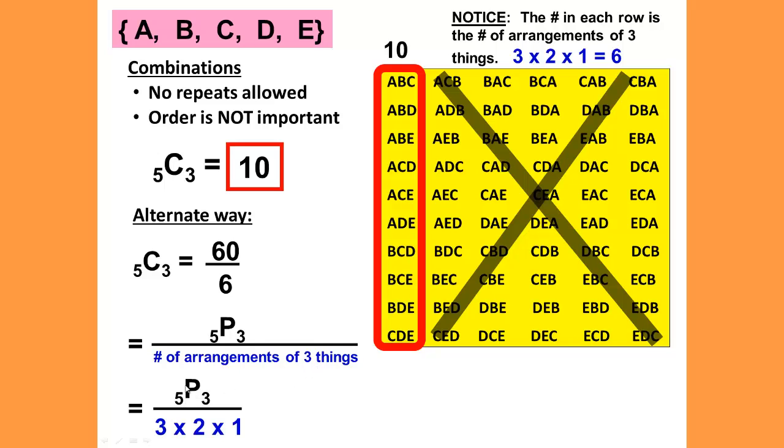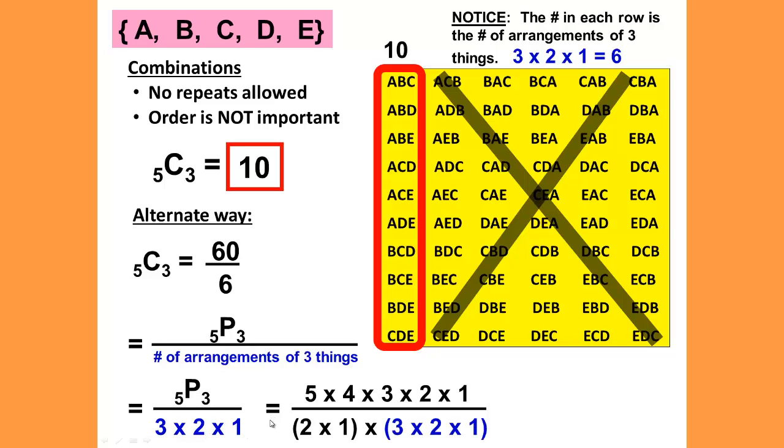So that's 5P3 divided by 3 times 2 times 1. And if we remember what our formula for 5P3 is, that was 5 times 4 times 3 times 2 times 1 over 2 times 1, and there you see it highlighted, that's your permutations.